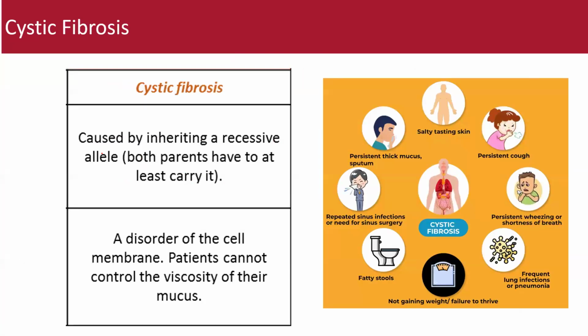Right, cystic fibrosis. Cystic fibrosis is recessive, so that means both parents must carry it for a child to have cystic fibrosis, because it is the little c, not the big C. Symptoms of it: you have thick mucus.